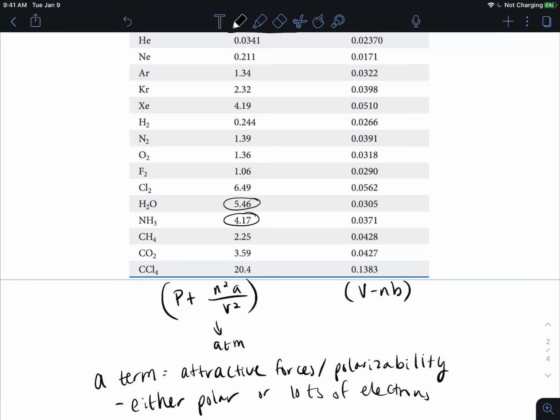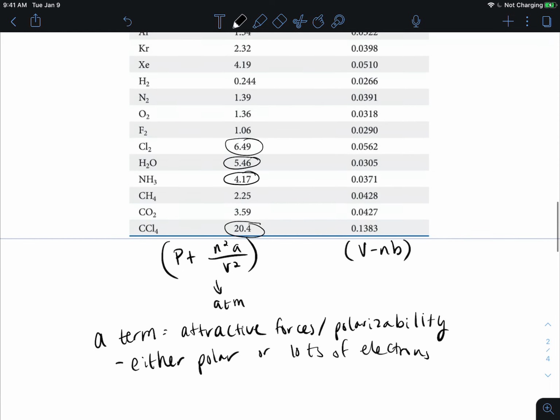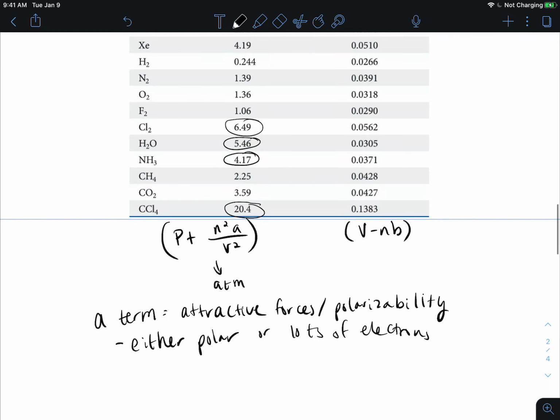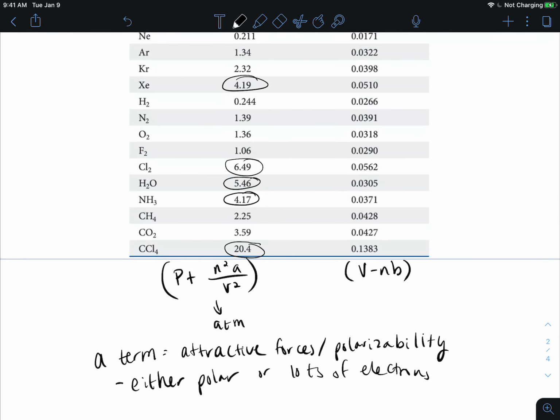NH3, another polar substance, also has a large a term. But things like Cl2 and CCl4 also have very large a terms, despite the fact that they are nonpolar. The reason is that these are fairly large molecules with a lot of electrons, so they can polarize those electrons and make them go in one direction or another to get more attractive and repulsive forces going on. So it just has to do with how much attraction or repulsion we see. Really large substances with lots of electrons usually have large a terms, and then things that are polar. You can also see it with xenon. Xenon's a very polarizable substance because it has lots of electrons.